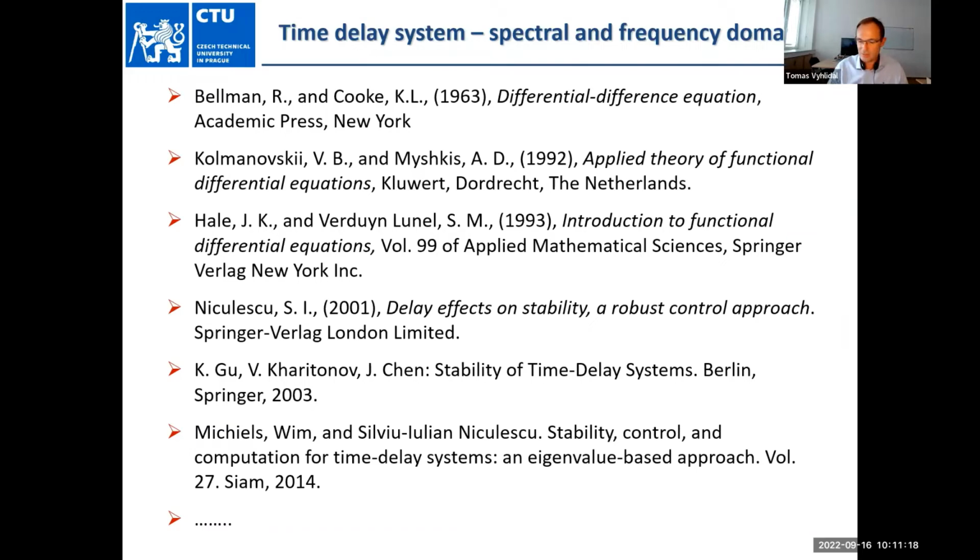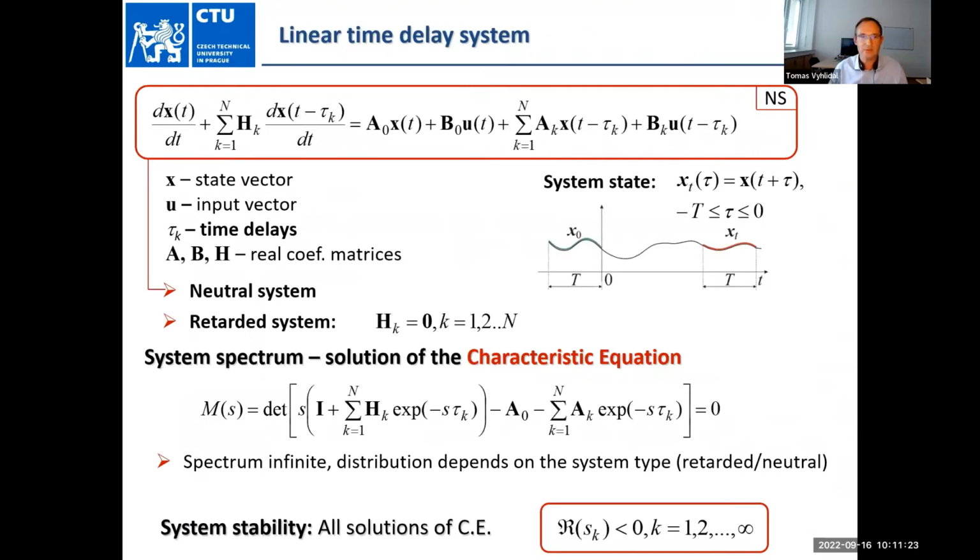As I mentioned, we use frequency domain and spectral domain methods. In the design, we use linear time delay systems, usually in this lumped delay form. But you will see that I also use distributed delay. Then the equation is a bit more complex.